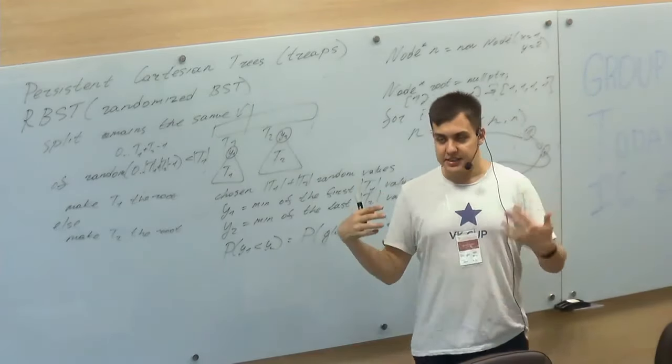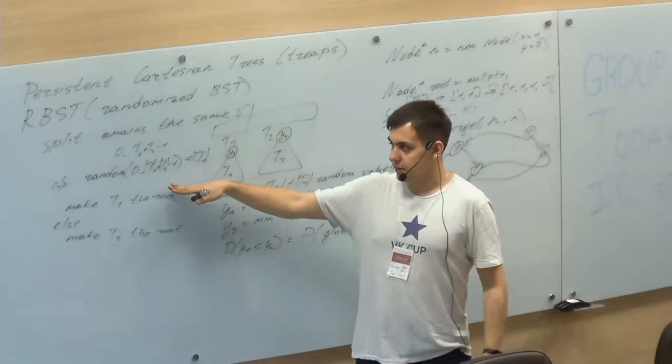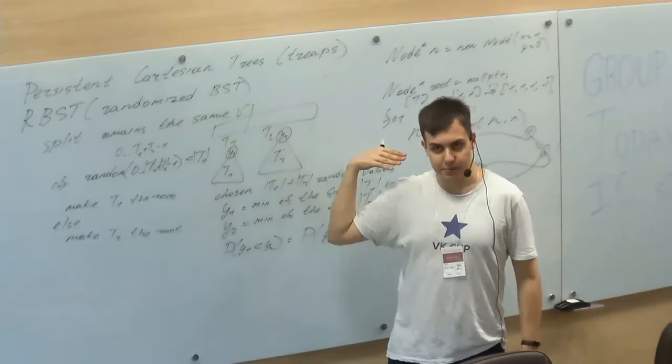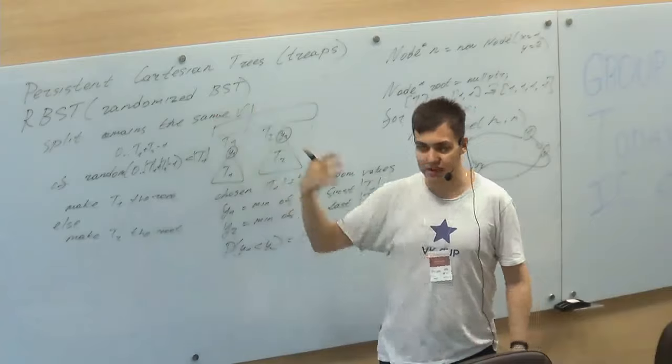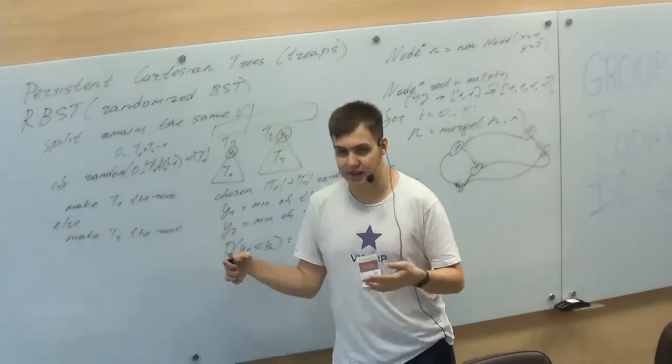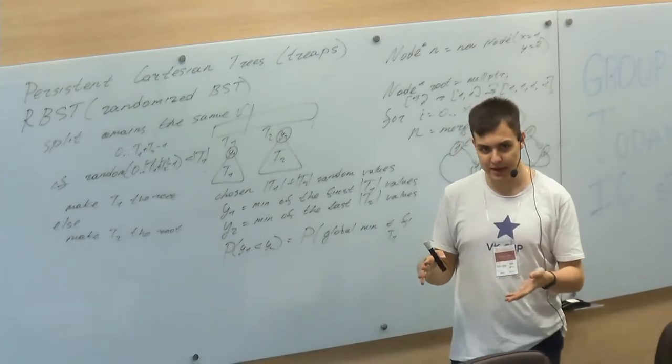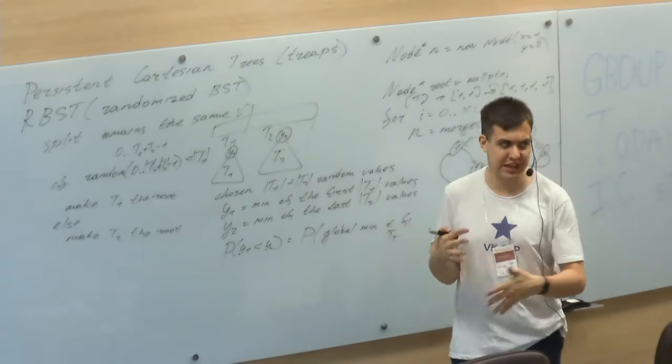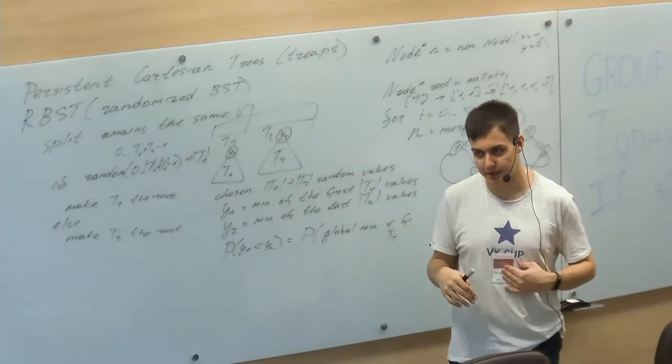Okay, and as I said, this persistent RBST is mostly used for operations like copying this part of the array into another part without destroying the original array.